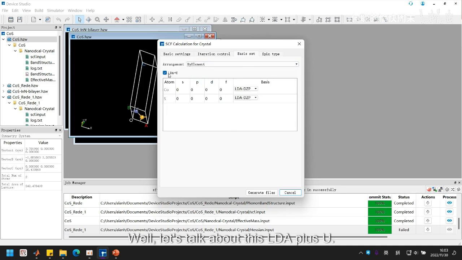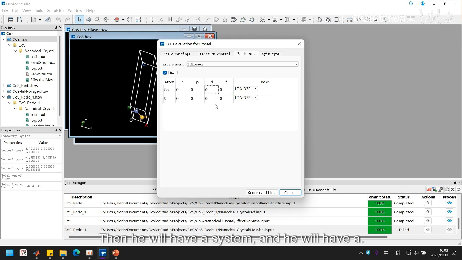Well, let's talk about this LDA plus U system. It's the U that functions effectively, whether it's a d electron or an f electron.